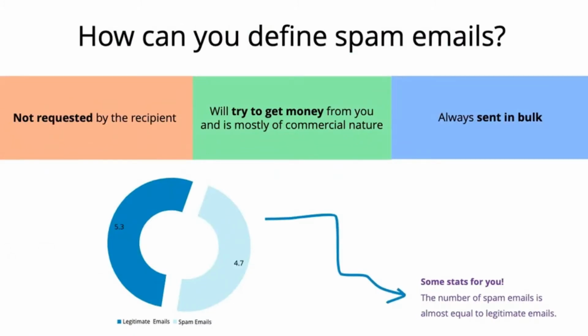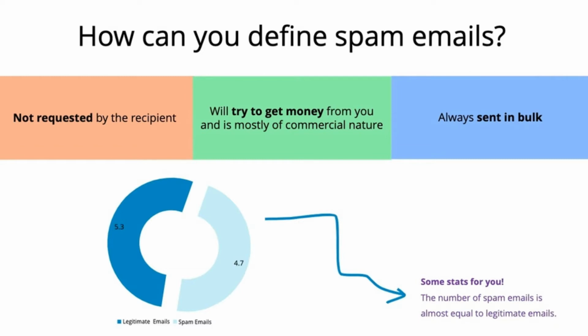If you strictly analyze the basic characteristics of spam, then you will find these in common. The first thing is they would not have been requested by the recipient at all. Secondly, they will be of commercial nature. It would be selling a product or asking money for exploitation, get rich quick schemes, anything that expects you to give them money.